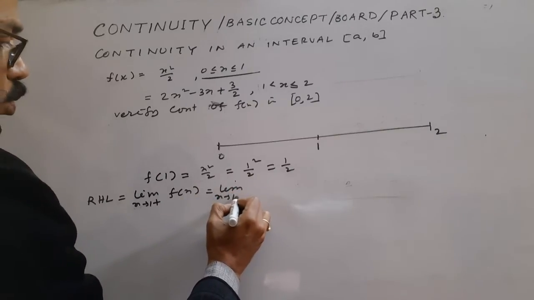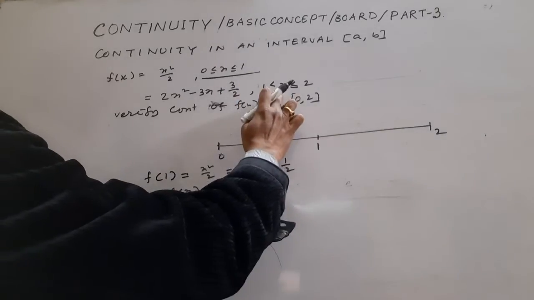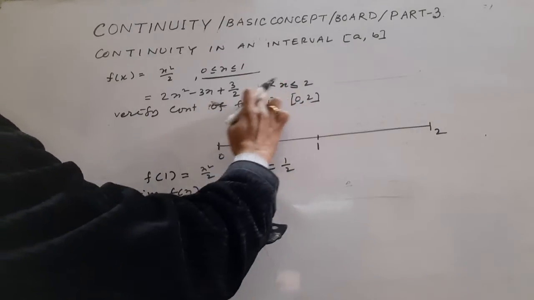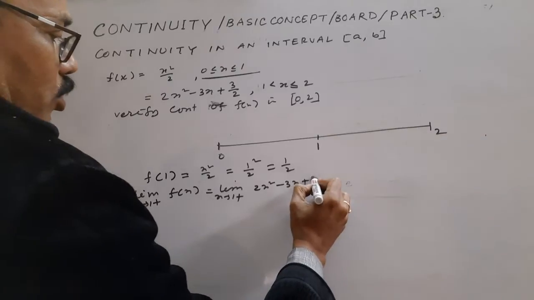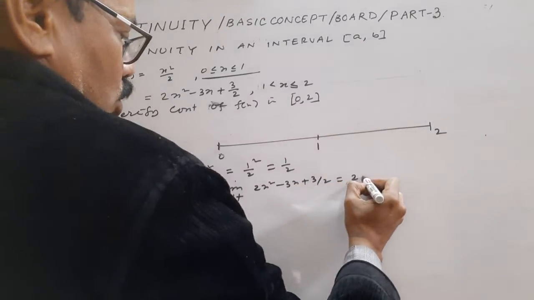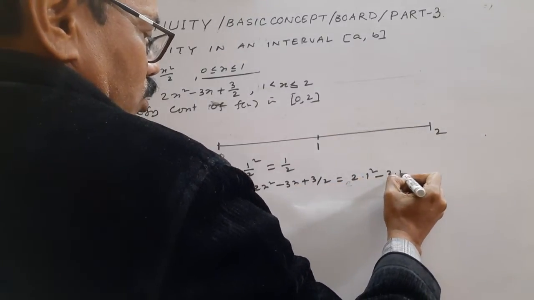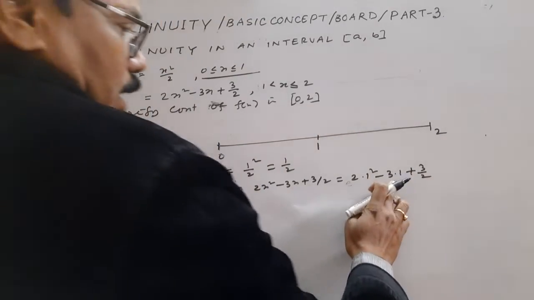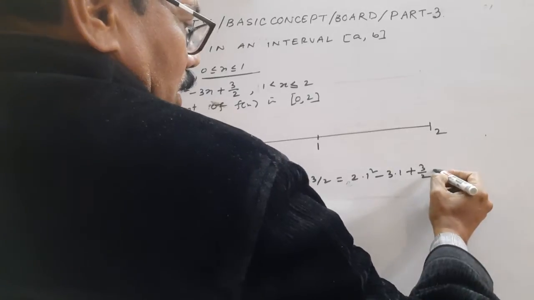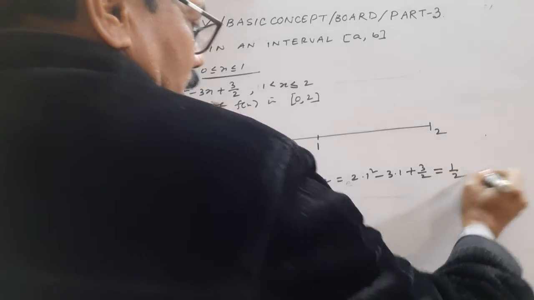For 1 plus, this is greater than 1. So 2x square minus 3x plus 3 by 2. So 2 into 1 square, minus 3 into 1, plus 3 by 2. So 2 minus 3 is minus 1, plus 3 by 2.